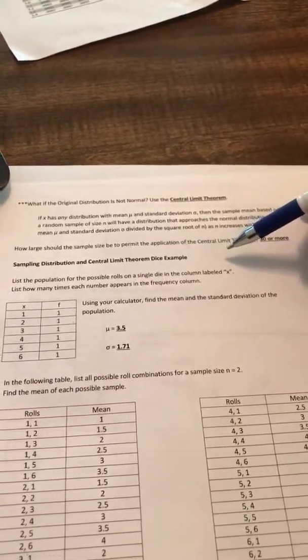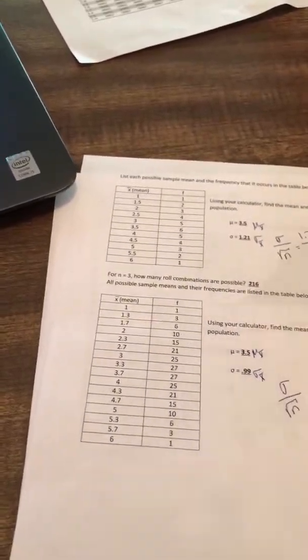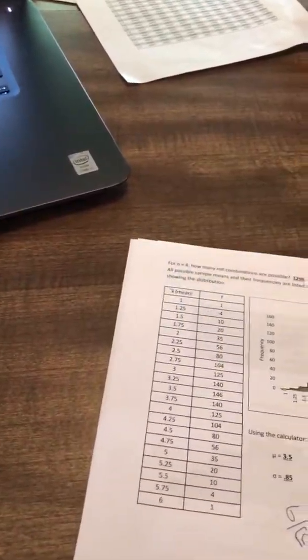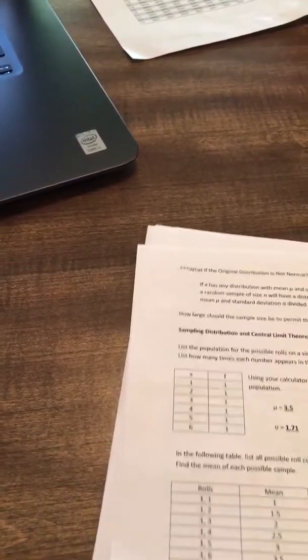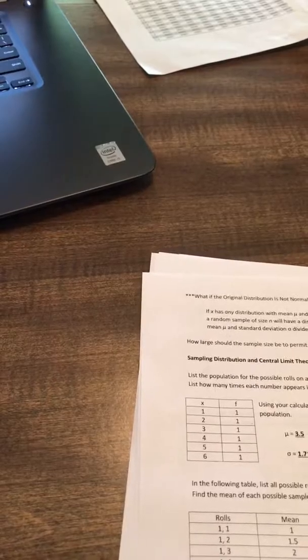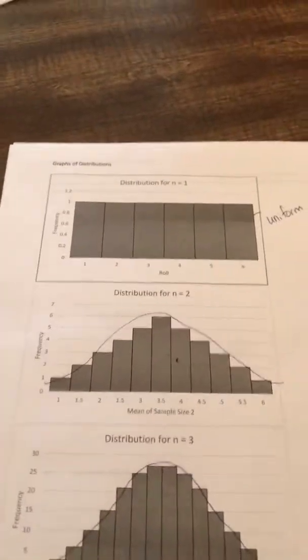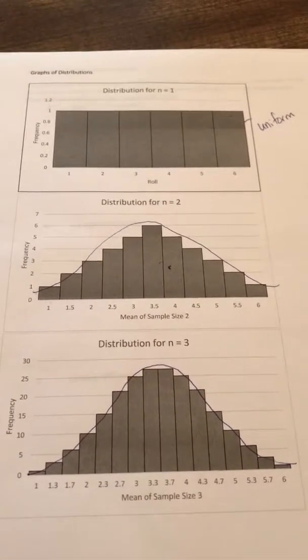How large should the sample size be? Usually 30 or more. You saw on the dice, it was actually normal. Usually you need an n of 30 or more. Well, I lost my graphs here. But you saw with this dice, once you went from n equals 1 to n equals 2, it was already normal. 2 made it normal.